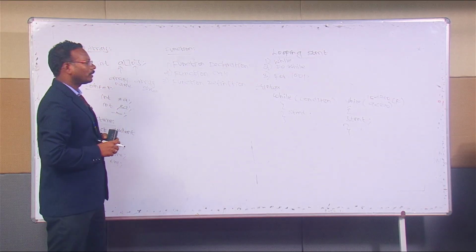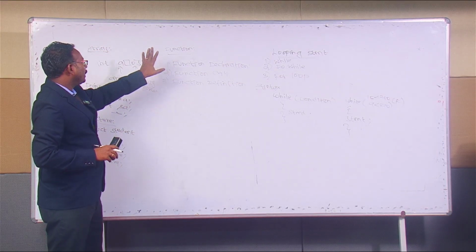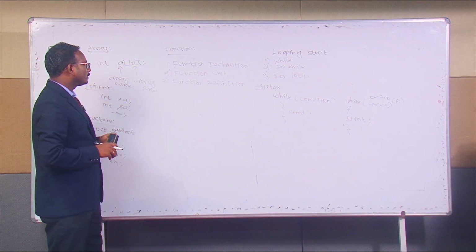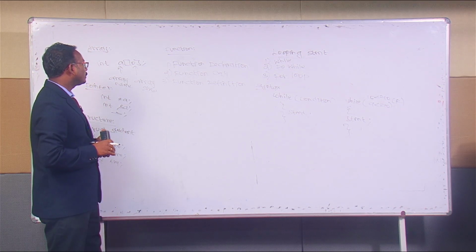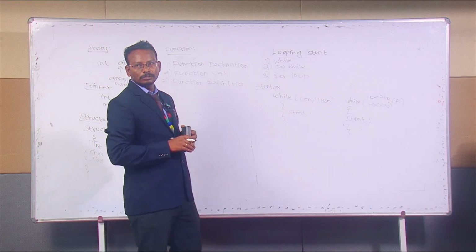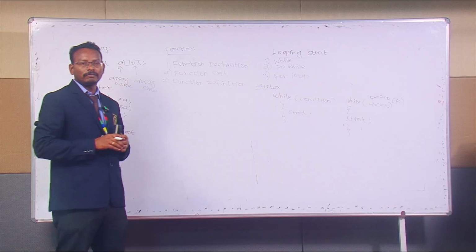These are the main parts of a function, where we can access the functions. If the function is given before main, it is named a global function.